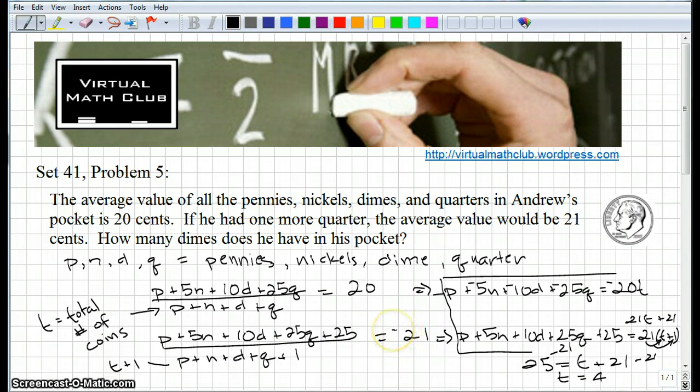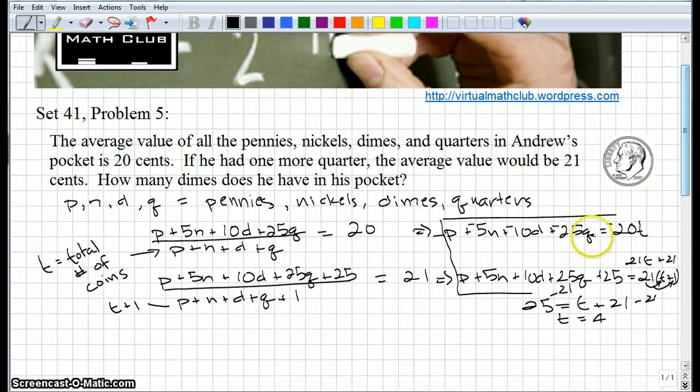Alright, he's got pennies, nickels, dimes, and quarters, or he could have any number of those, including 0 of any of those. Because if he's only got 4 coins, he may not have one of each. So we'll have to keep our minds open here.